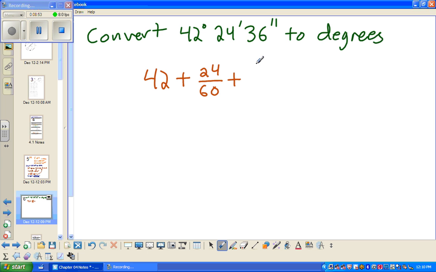And then you're going to add to that your 36 seconds divided by 60 times 60, or 60 squared, which is 3,600. You're going to do that all the time, so I'll just write that in right now. Once you simplify that down, you're going to have 42.41 degrees. And it works that way every time.